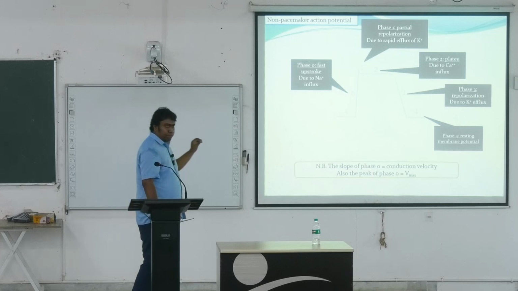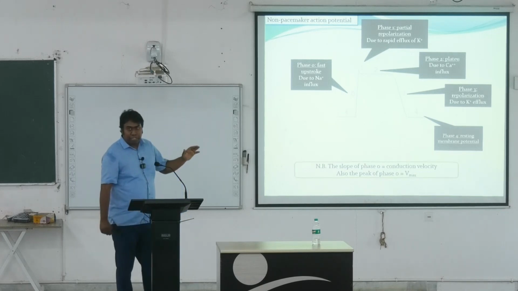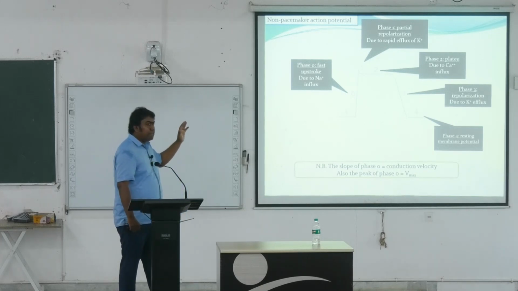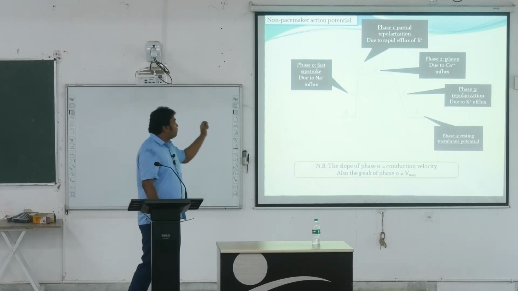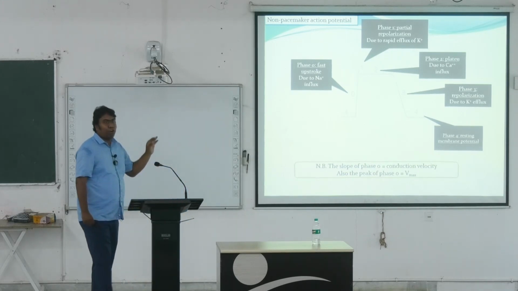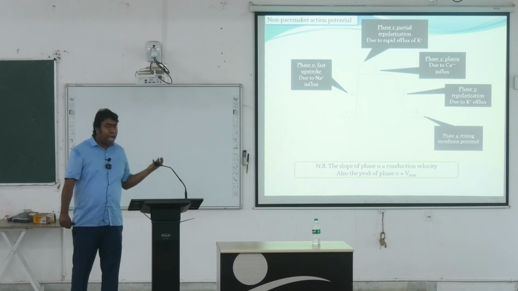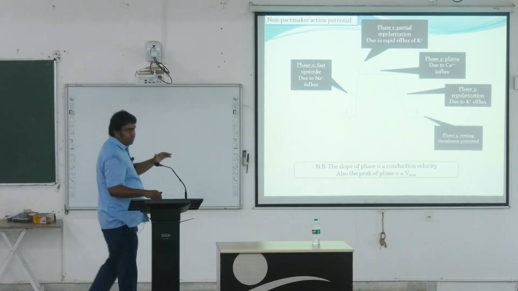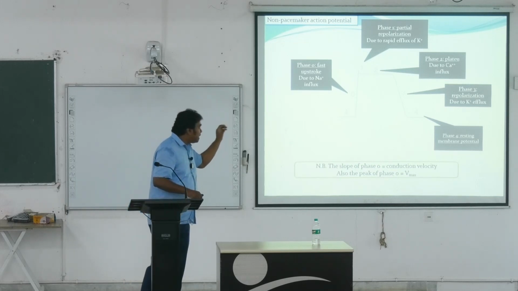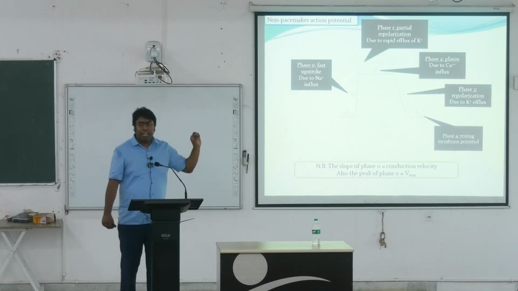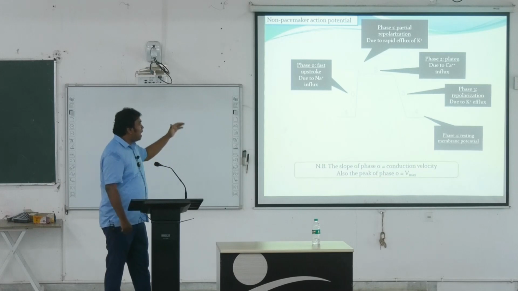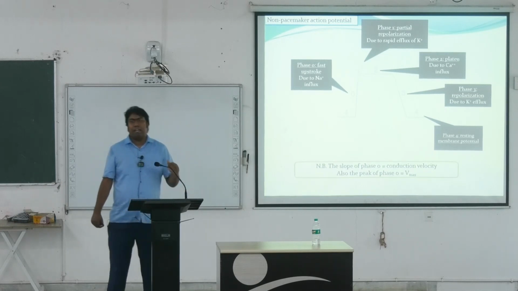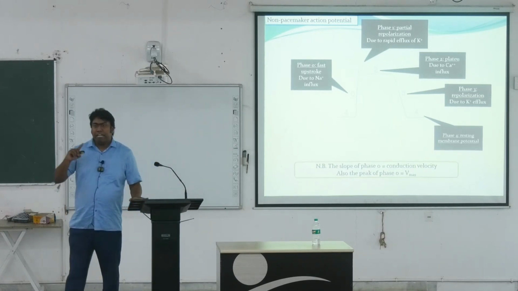Influx of sodium leads to the sharp rise in phase 0. In phase 1, there is a partial repolarization due to efflux of potassium, followed by a plateau phase. In the plateau phase, there is an influx of calcium, followed by a repolarization phase due to potassium efflux.